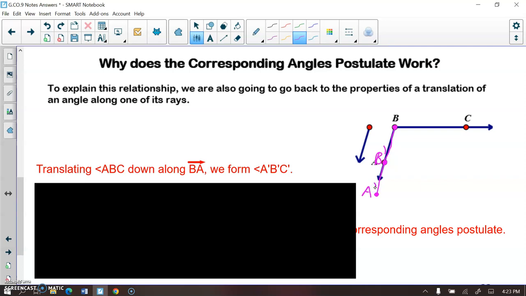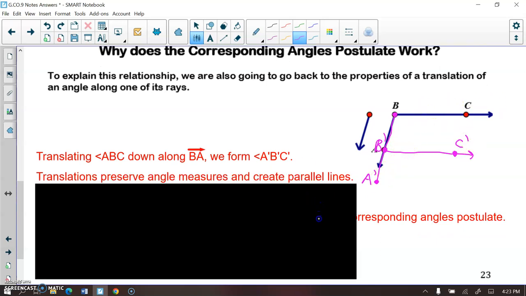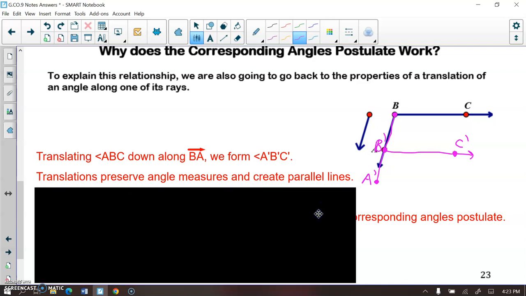And C prime, going down slightly to the left, winds up right here. And so we wind up with angle A prime, B prime, C prime when we translate angle ABC down. Now, translations preserve angle measures and create parallel lines. We know that.